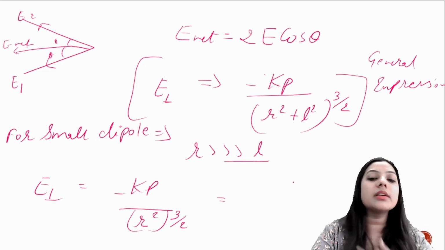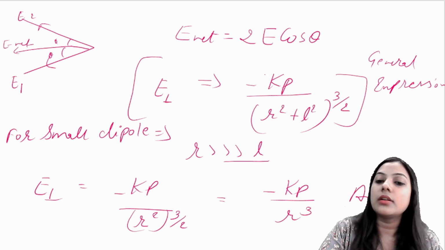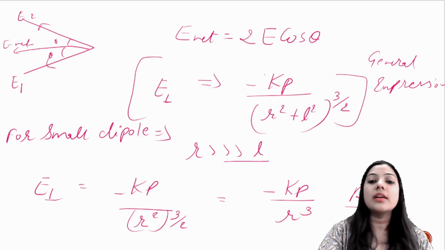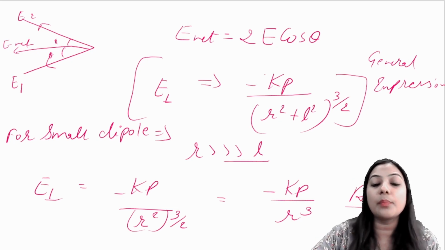If we solve this, we get minus Kp upon r cube. This is the expression for the perpendicular bisector of an electric dipole.